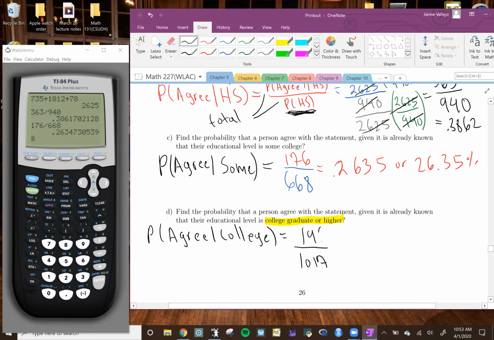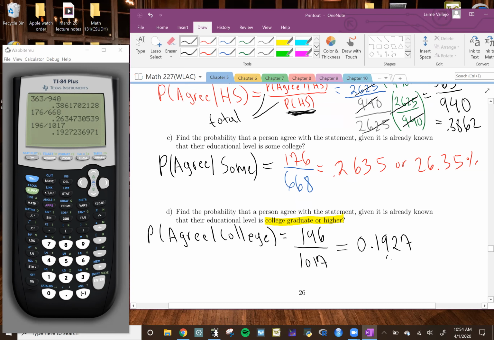So we do 196 divided by 1017, and you get 0.1927.